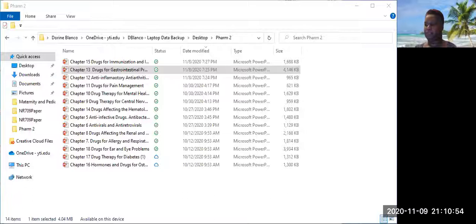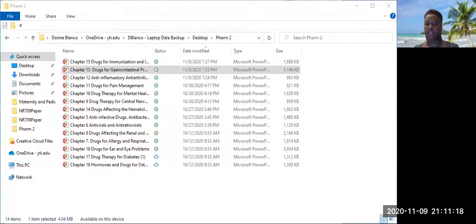Box 13.4 gives you the general nursing considerations for drugs for constipation. This chart here is medications that can cause constipation, and some of the more problematic medications for causing constipation.